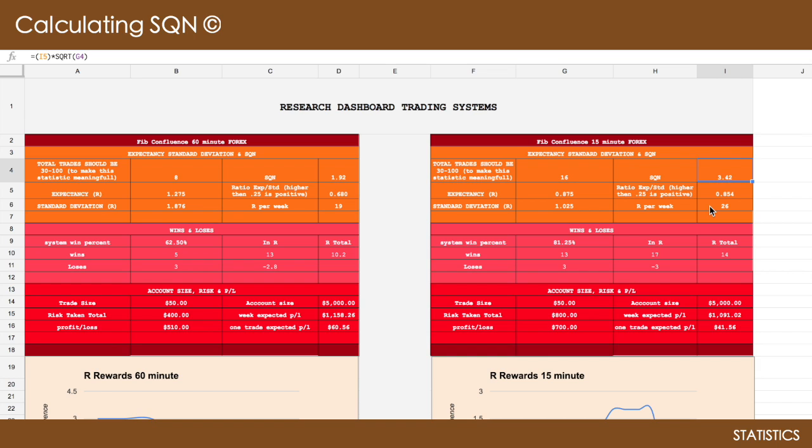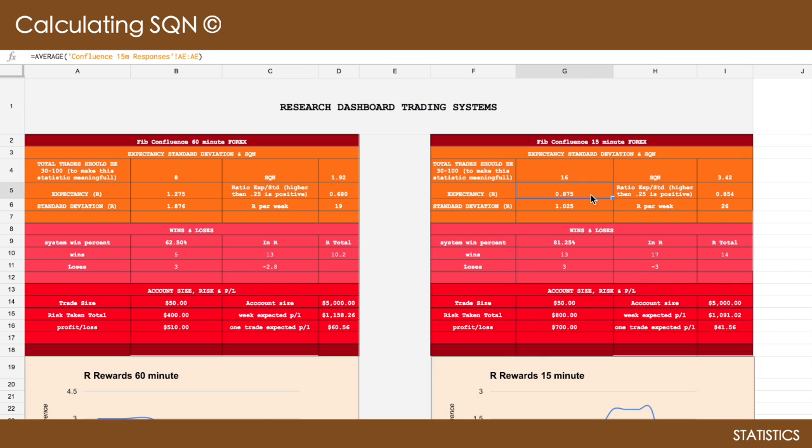The system quality number, as you can see here, is 3.42, and you see the formula. It's using the square root, but it's doing a little bit more. So let's go from step one. We first want to know the expectancy, which is the average of the trades, and then measured in the R multiple.